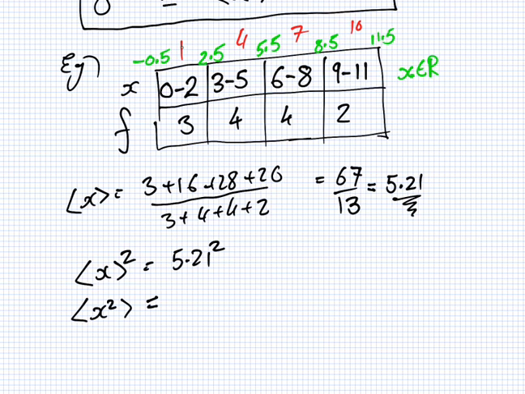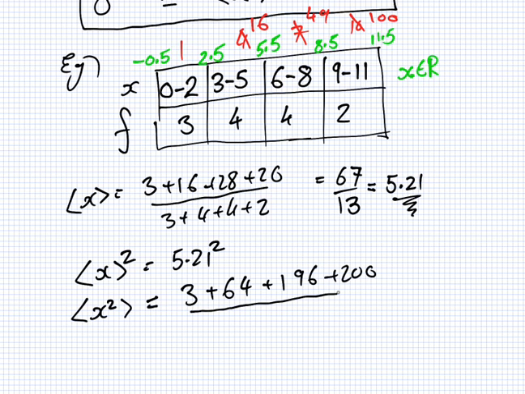So instead of 1 it's 1, instead of 4 it's 16, instead of 7 it's 49, and instead of 10 it's 100. So this would be 3 plus 64 plus 196 plus 200, all over 13.